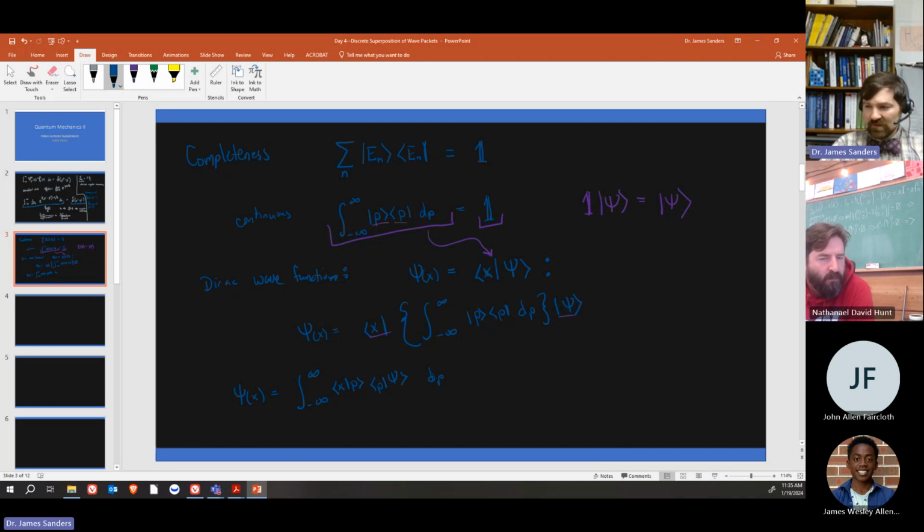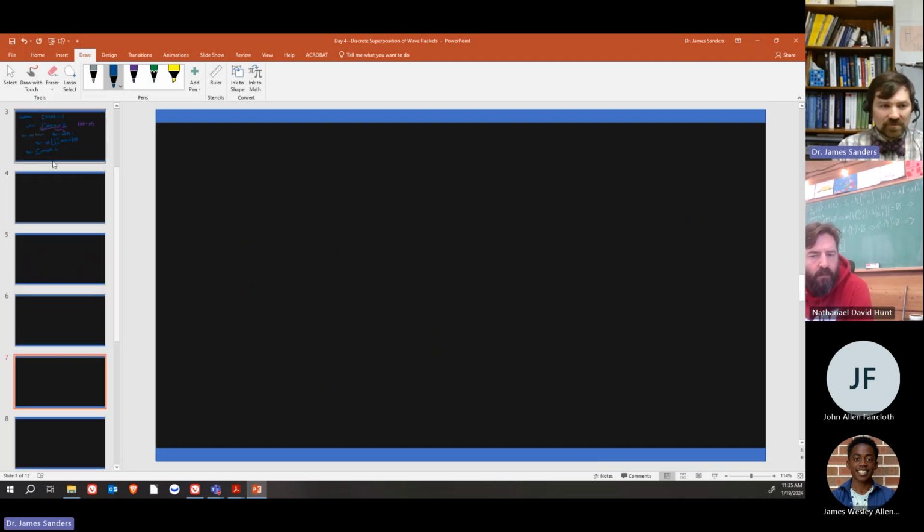Okay. So what are these terms each? This one right here, the x and p term, this just is your integrand above, the projection of momentum eigenstate p into the position basis.